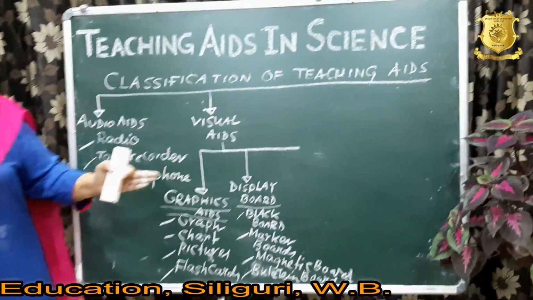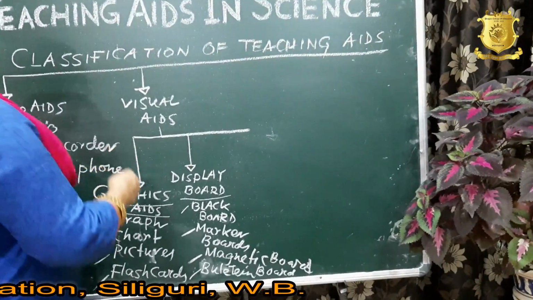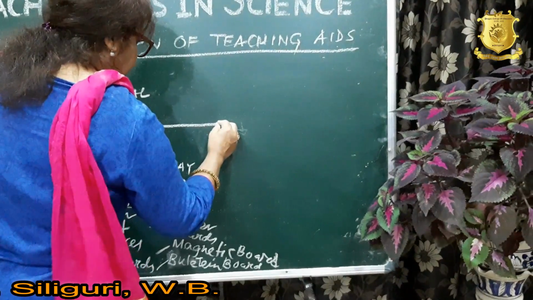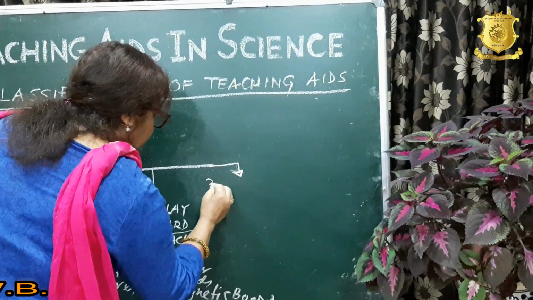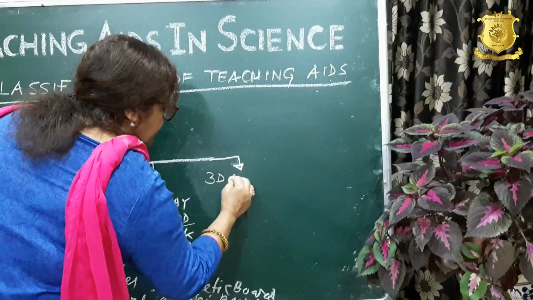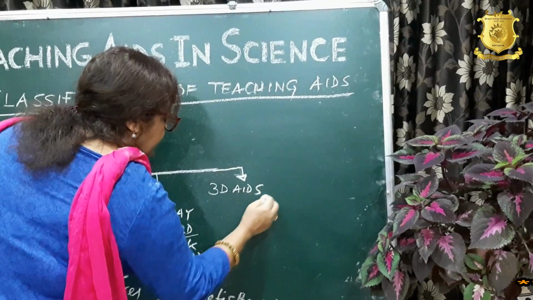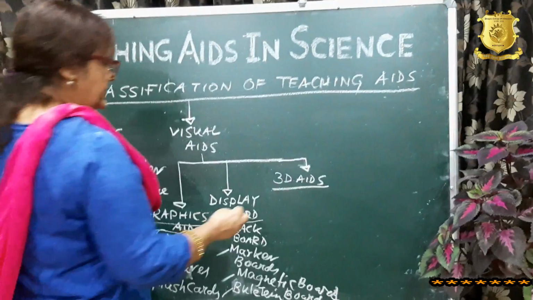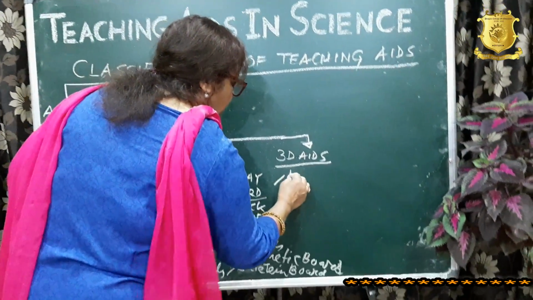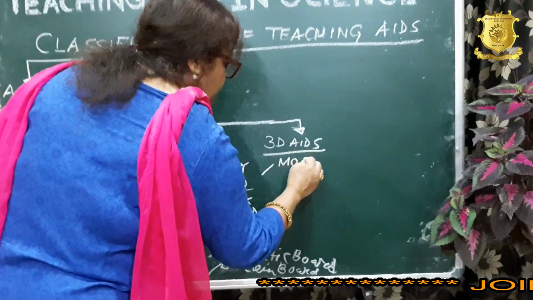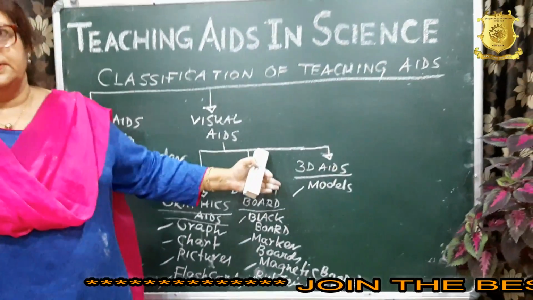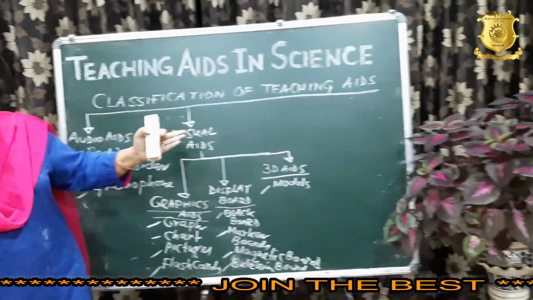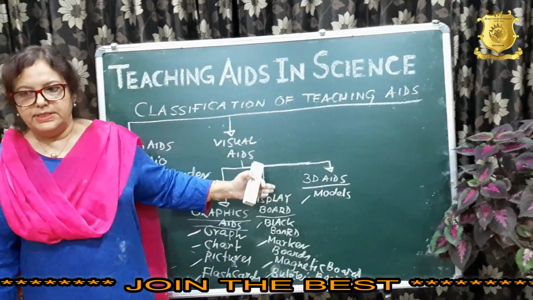Now the next category in visual aids is 3D aids, that is, three-dimensional aids. In 3D aids, very often we use models. Models are one of the best examples of 3D aids.